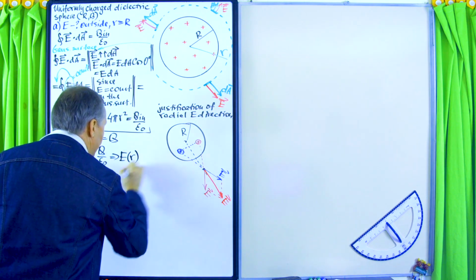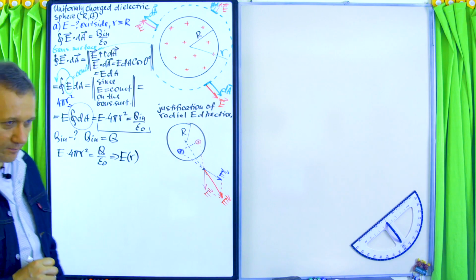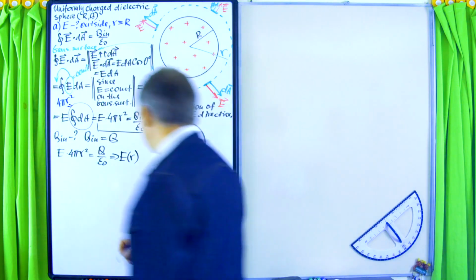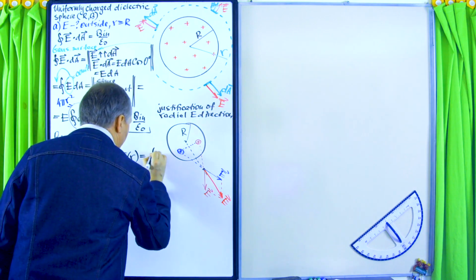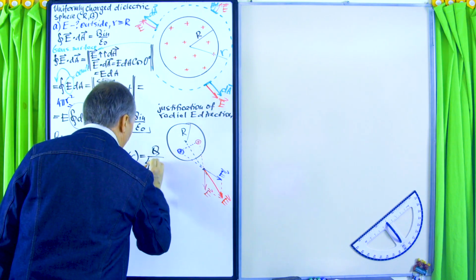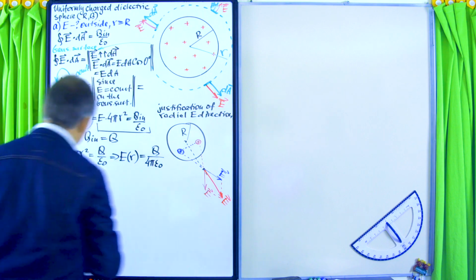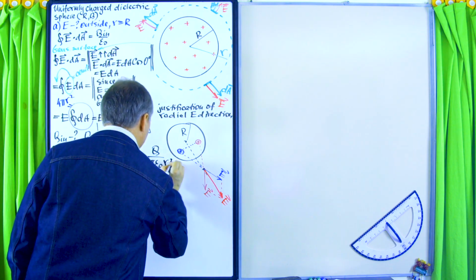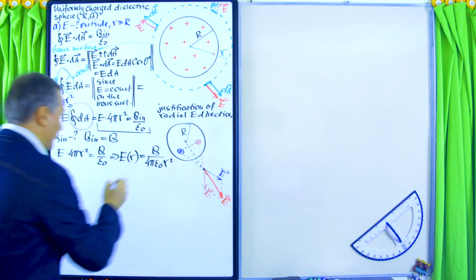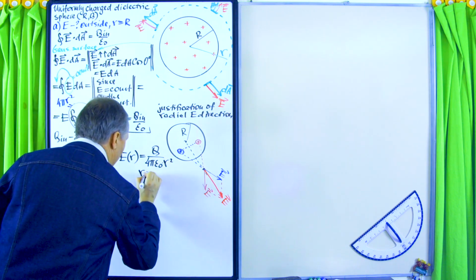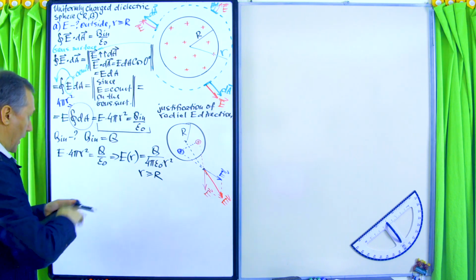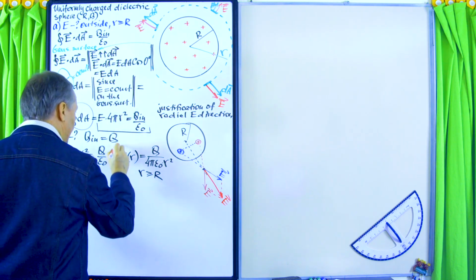Now I will write E as a function of R. So it will be Q over 4 pi epsilon naught and R squared. And of course that is for R small larger or equal to R capital, that's for the outside. So let's frame it.